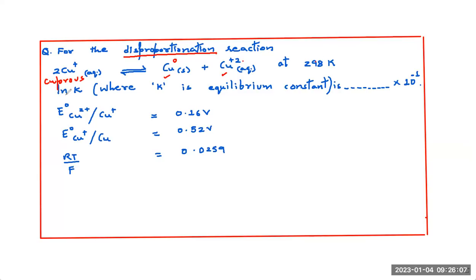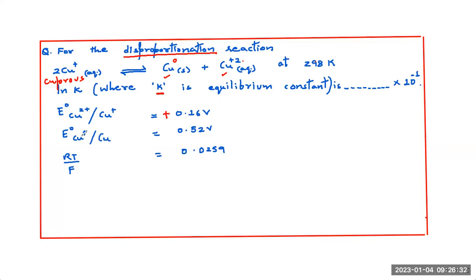Further, the natural log K, or log K to the base e, we have to find the value of K in this question. The data given to us is when cupric ion, cupric that is 2 plus, reduces to cuprous, then this much volt is produced since there is a positive sign.